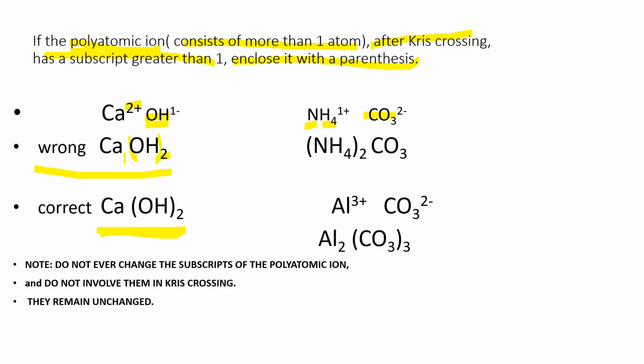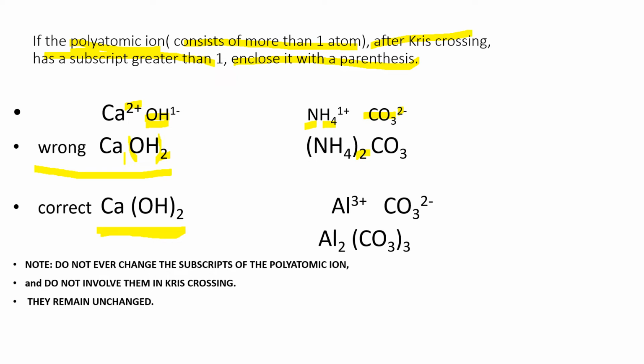So after crisscrossing, this 2 becomes the subscript of NH4, so that is why it has to be enclosed in parentheses. And CO3 is CO3 without parentheses because the subscript is 1 after crisscrossing.